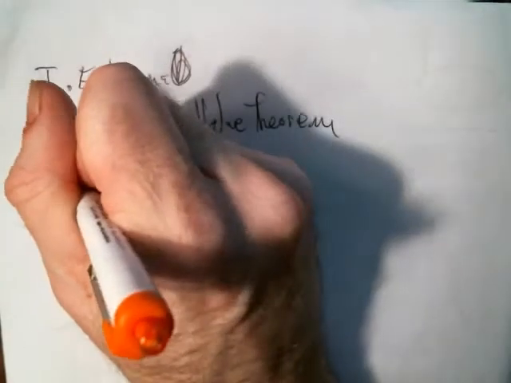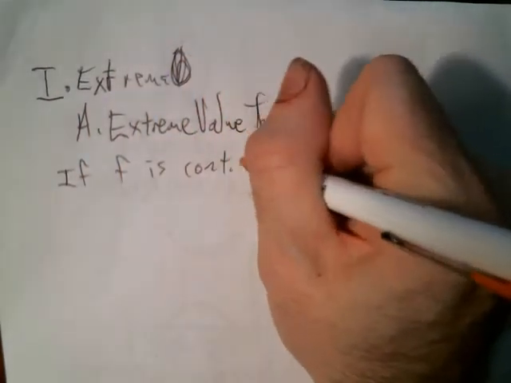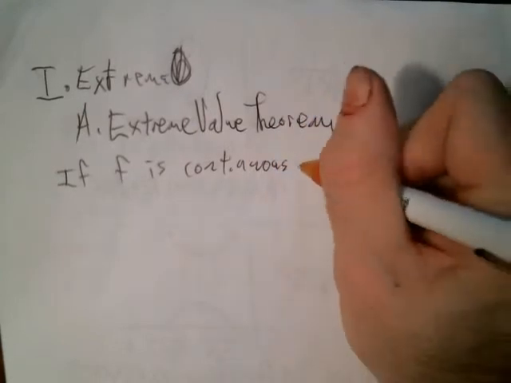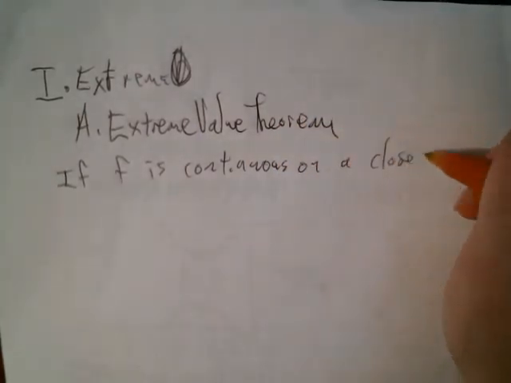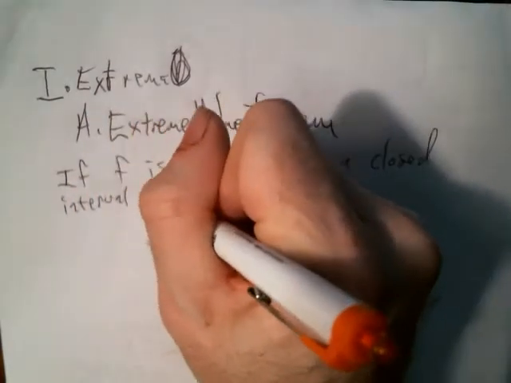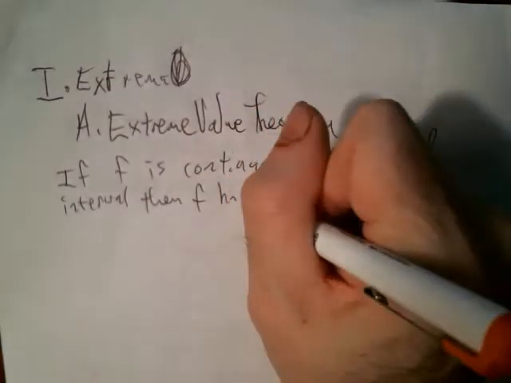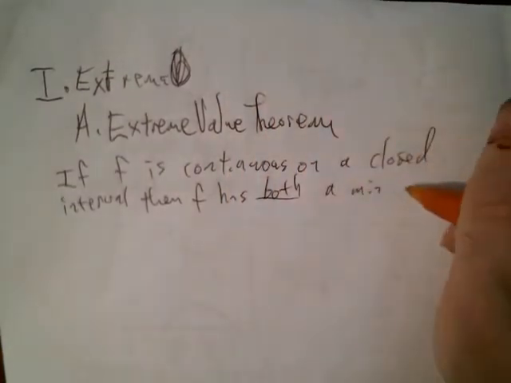Basically it says if f is continuous on a closed interval, then f has both a min and a max.